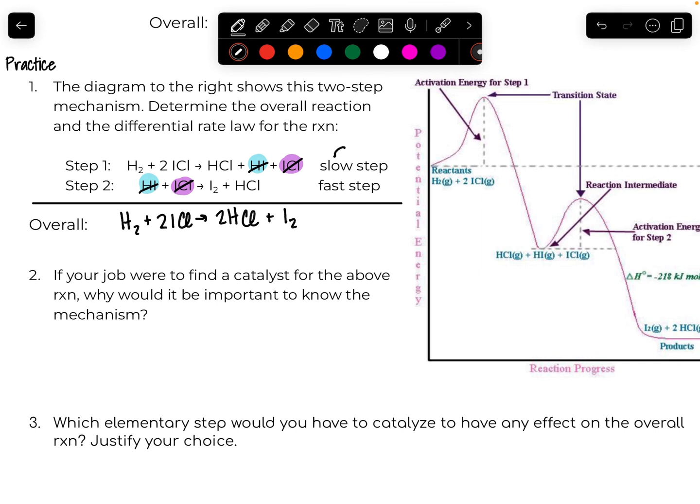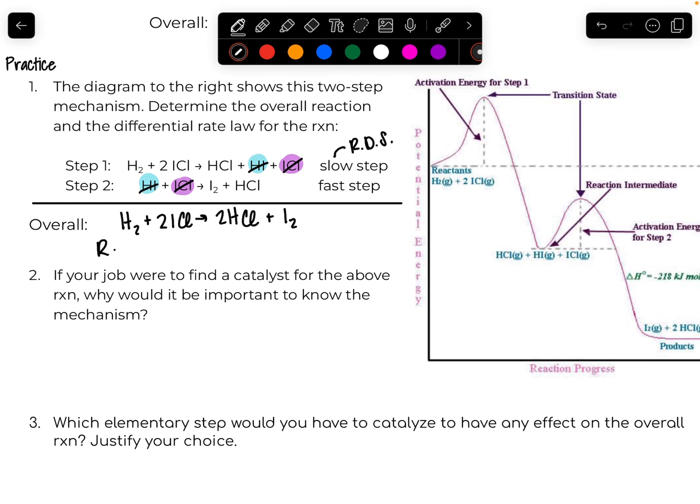So because this is my slow step, my rate determining step, if I want to write the rate law for this reaction, it's based off of the rate law of my rate determining step.